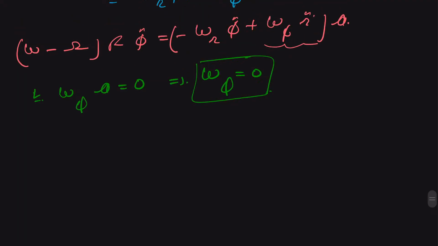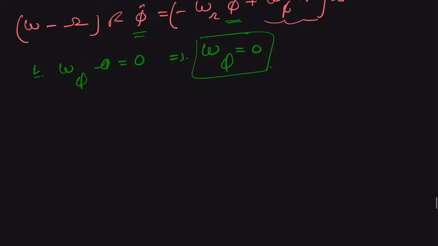And if we compare these two, from here we can say that our omega minus capital omega times r is equal to minus a omega r. And we can keep it as it is.